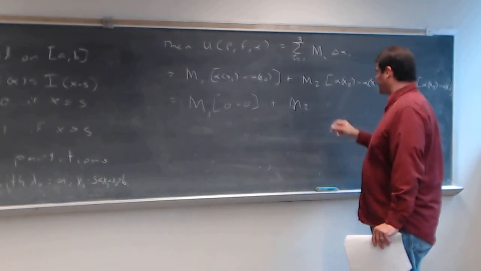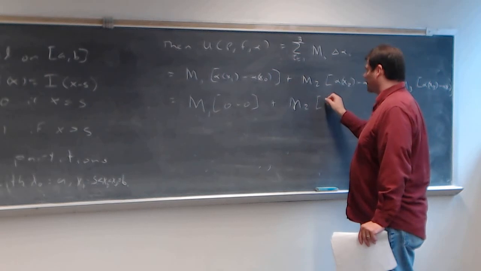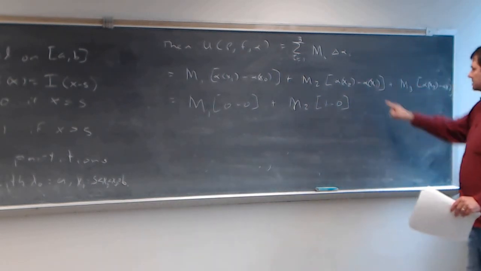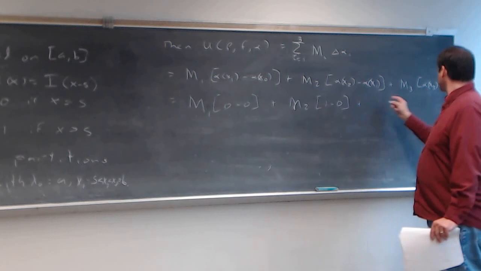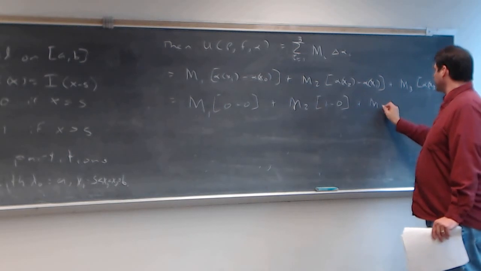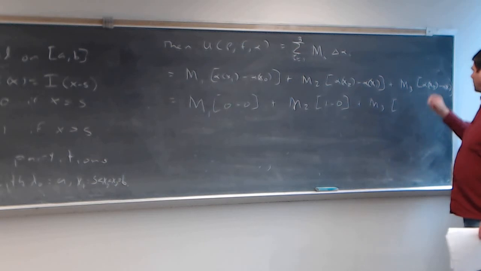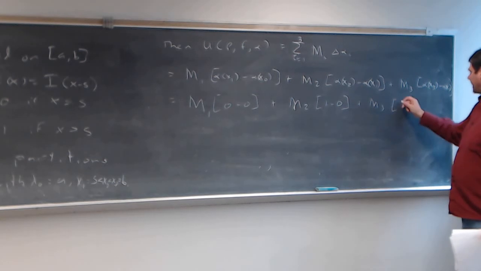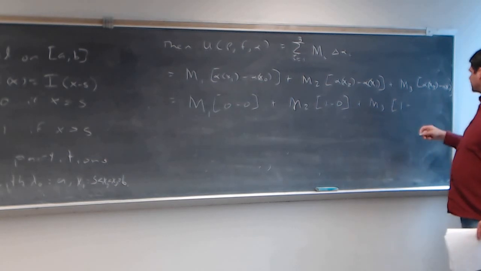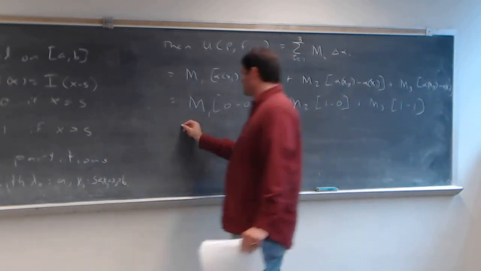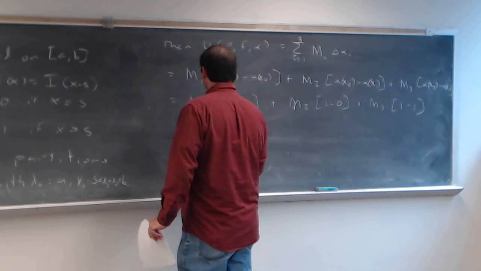Alpha of x sub 2 is bigger than s, so that's 1 minus 0. And then plus M sub 3. Now x sub 3 is b, that's bigger than s, so we get out alpha of b equal to 1 minus, but x sub 2 is also bigger than s, so alpha of it is 1. And so this is equal to M sub 2.